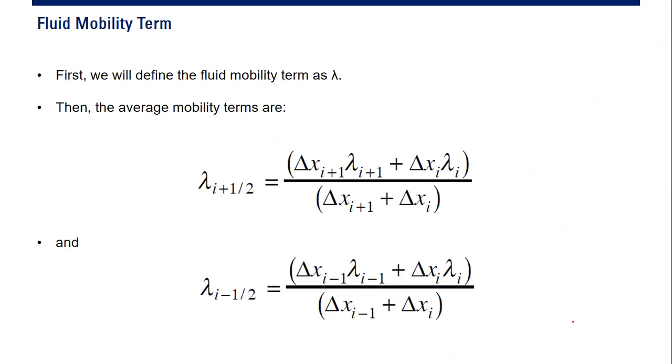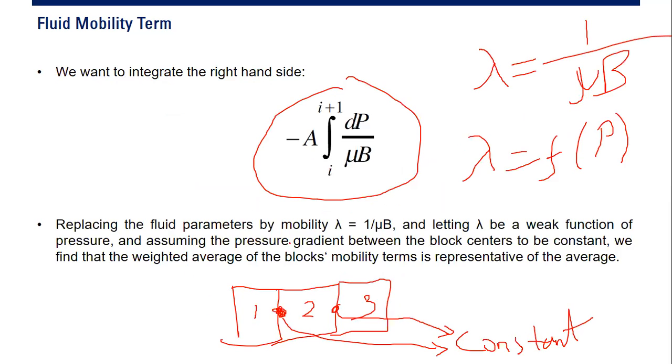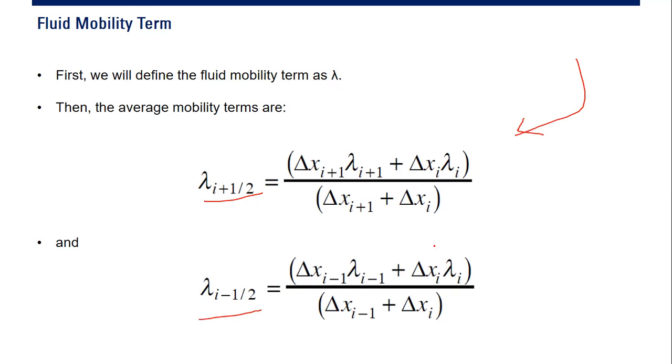First, we define the fluid mobility term as lambda, and then the average mobility terms like this. It's just an arithmetic average for the plus direction and minus direction. Because the pressure gradient between the block centers is constant, we can use arithmetic average.